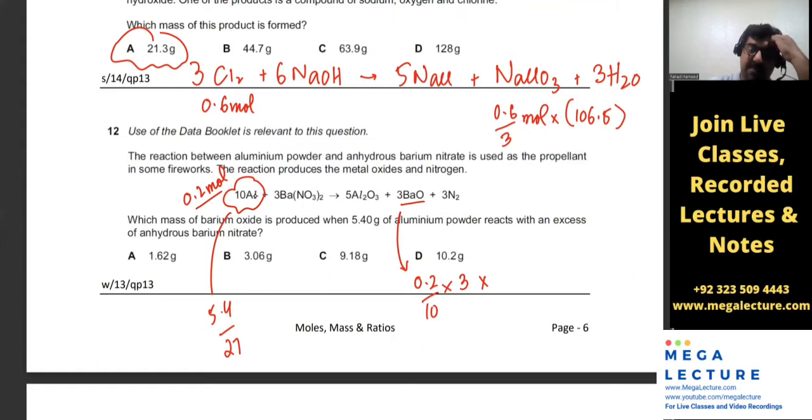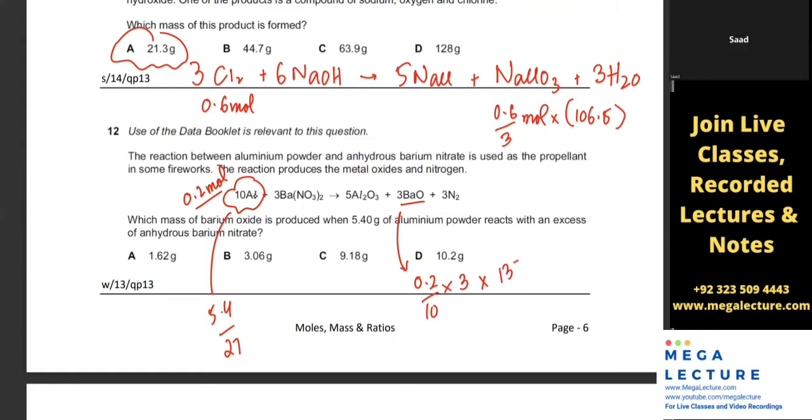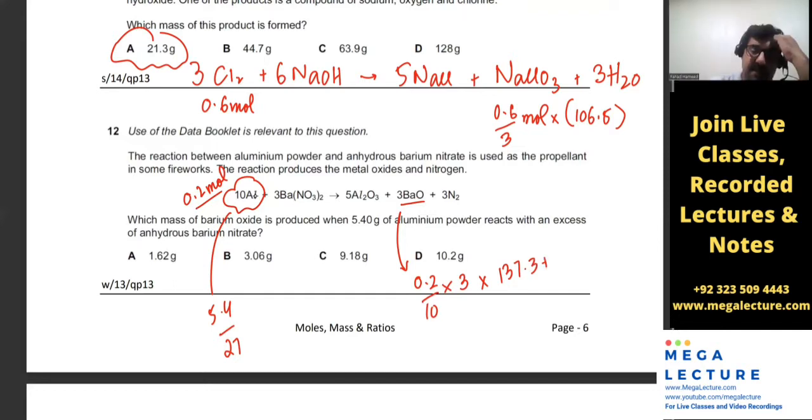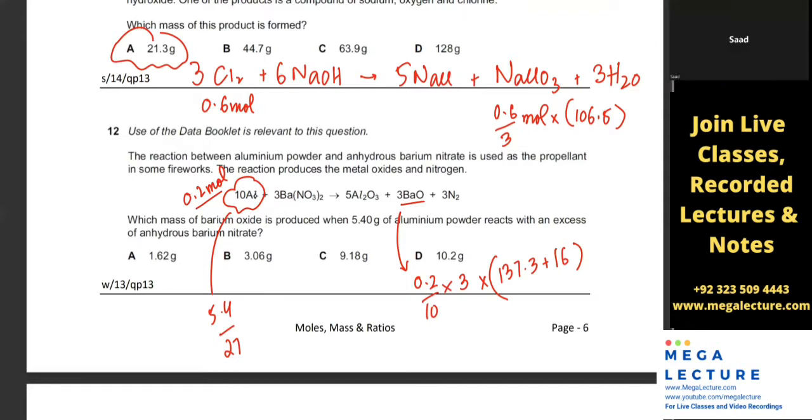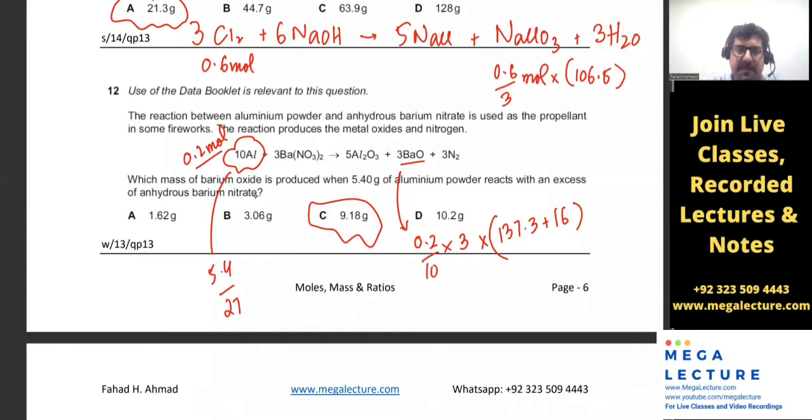That's barium, I think it's 137.3. Plus oxide, that's 16, right? So 153.3, I guess. The 0.06 into 153.3. What do we get? 9.198. Okay, so it's C.